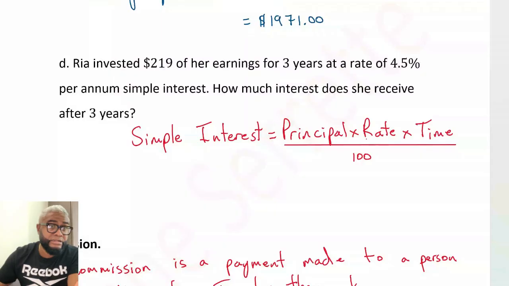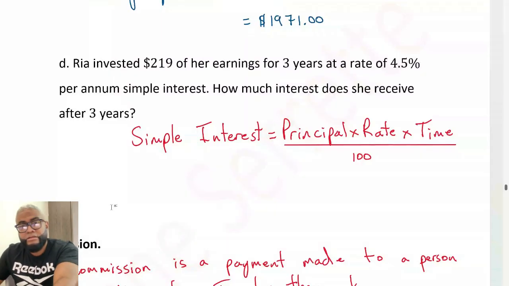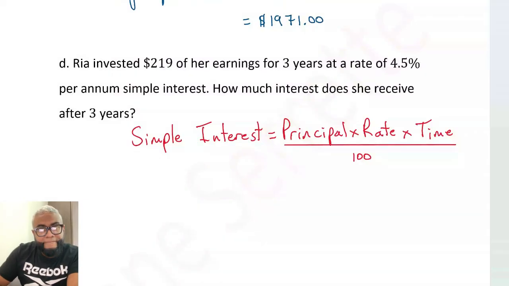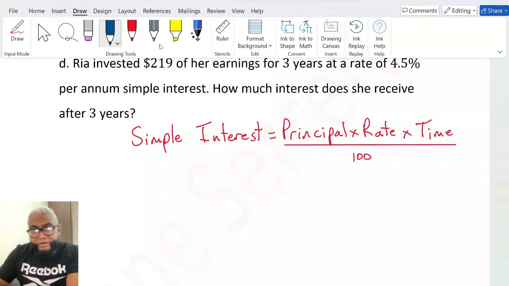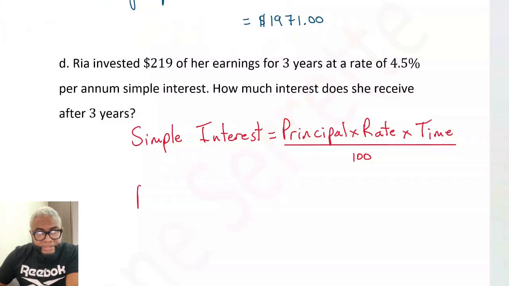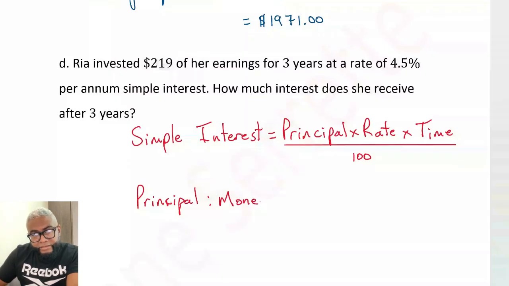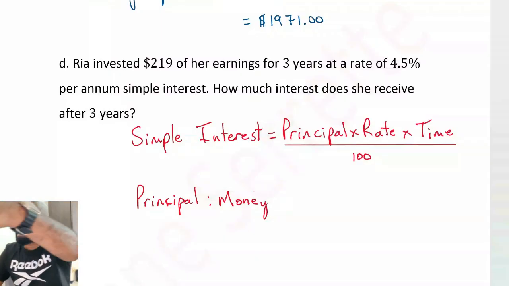Everybody clear on these things? You good there? All right, you can repeat that for me, please. Let me write it. Principal is money invested or borrowed. It's good to write these things over and over. Write them now, you're about to write it next to the question.